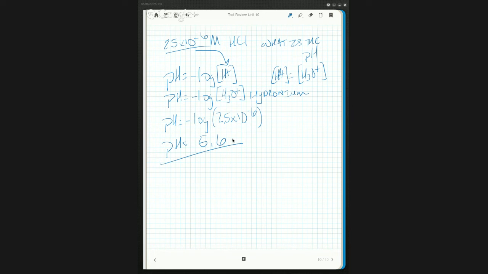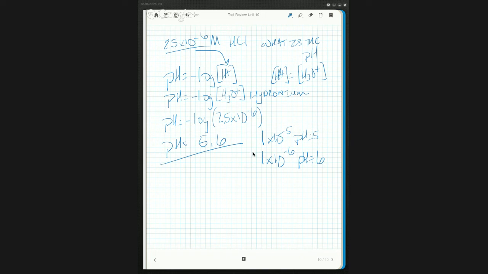Excuse me, drying out a little bit. I think that's pretty straightforward. And for those of you that remember the shortcut, if I had said 1 times 10 to the negative 5th, then the pH would be 5. If I had 1 times 10 to the negative 6th, the pH would be 6.